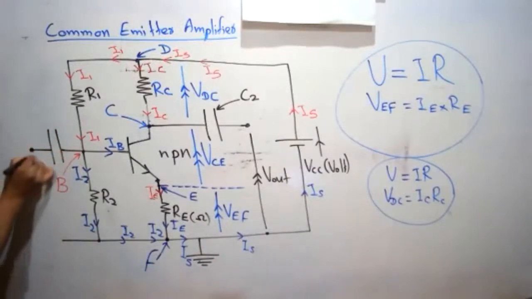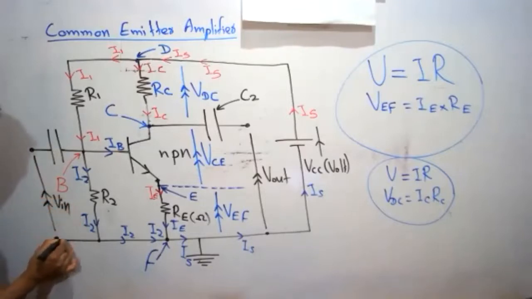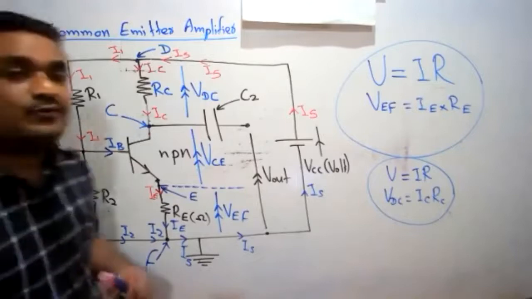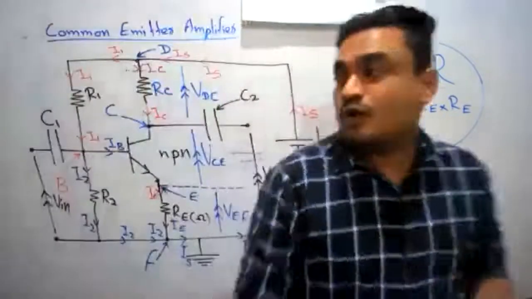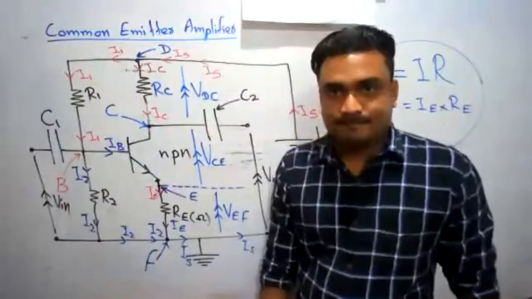Mic is connected to these two points, V in. That's how the things are connected. This is the C1 capacitor. This is the complete common emitter amplifier.